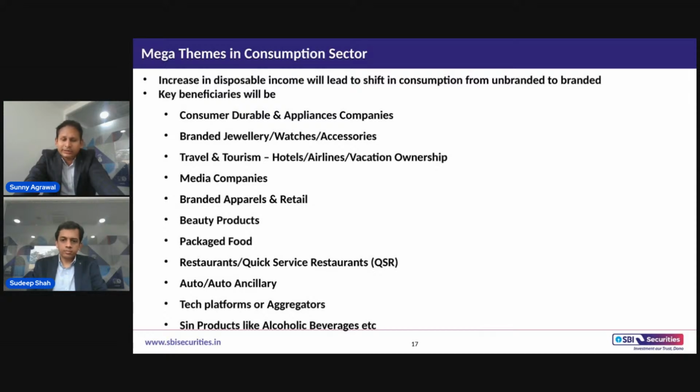Again, auto and auto ancillary is a highly underpenetrated category in India, so there is a big headroom for the auto and auto ancillary sector to emerge as a story of domestic consumption as well as a big platform for exports from Indian territory. Tech platforms and aggregators like Zomato, PB Fintech, and at the same time sin products like alcoholic beverages. These are a few sub mega themes within the consumption sector which we feel can churn out healthy returns over the next 5 to 7 years.